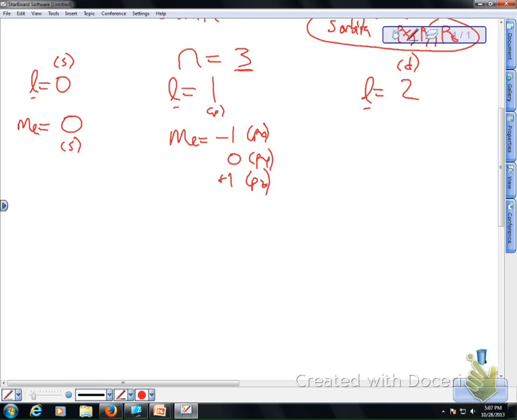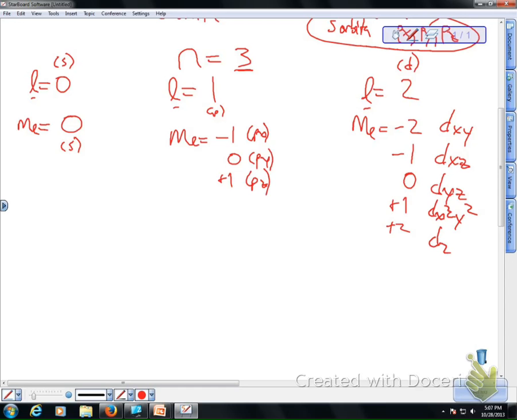When L equals 2, we can have even more M values: -2, -1, 0, +1, and +2. So this tells me that there are 5 orientations for the D sublevel. And those orientations, like I showed you earlier, are the dxy, the dxz, the dyz, the dx squared minus y squared, and the dz squared.